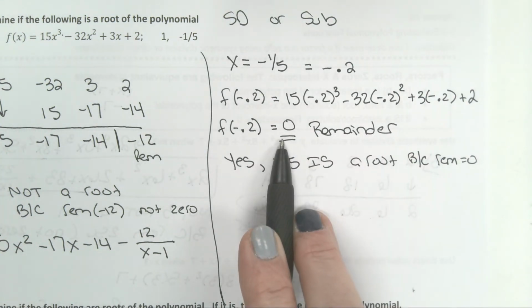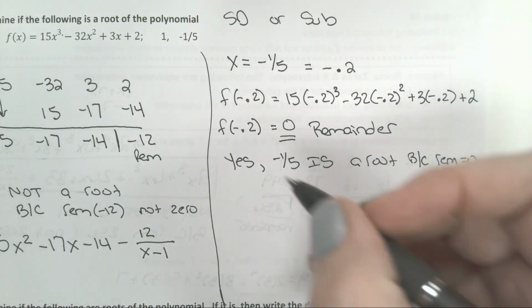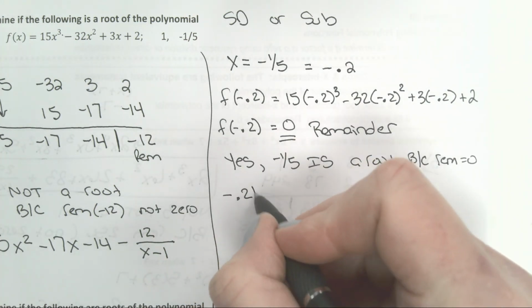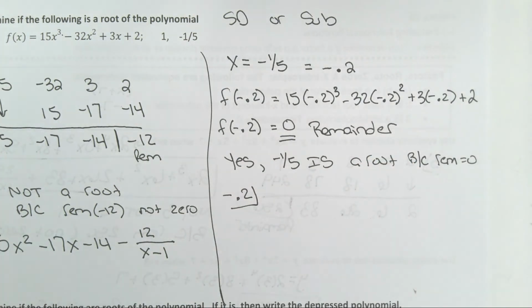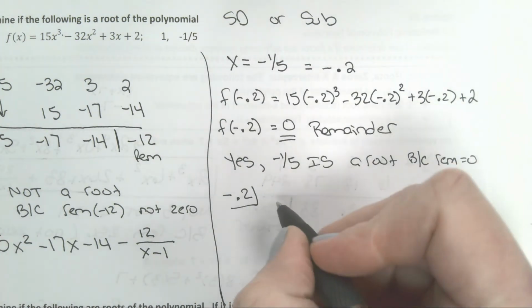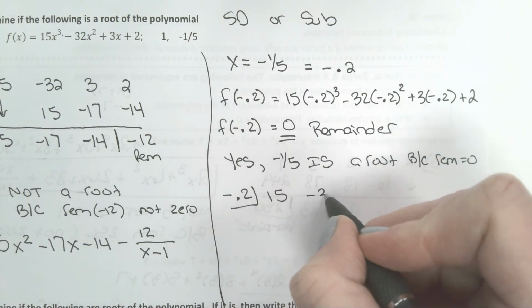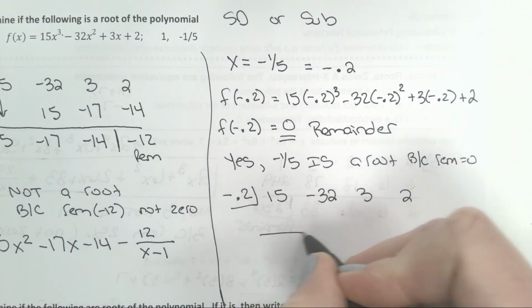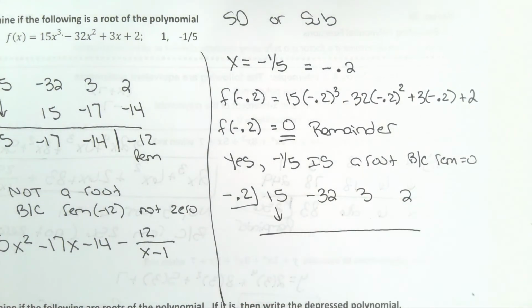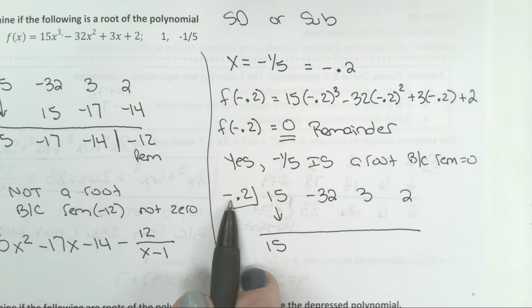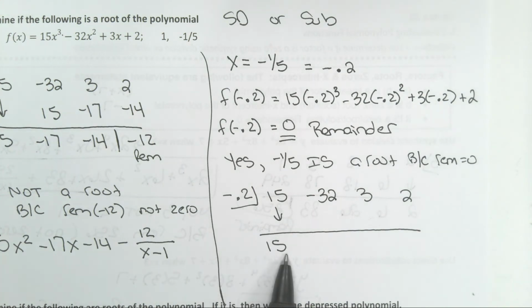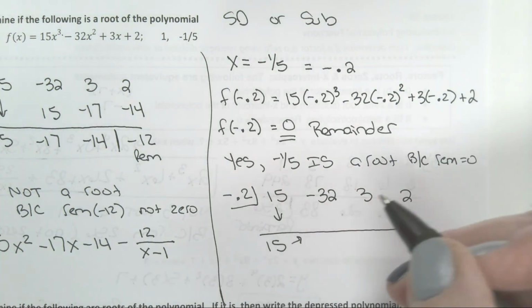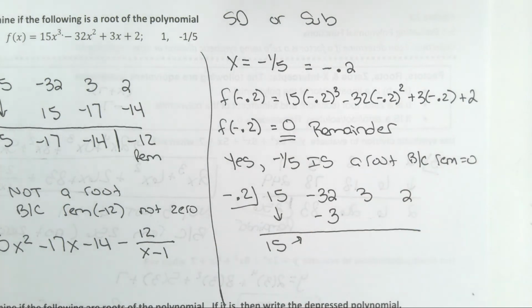So once a number works, then you generally have to do synthetic division anyway. 15, negative 32, 3, 2. You bring your first number down, multiply negative 0.2 times 15 equals negative 3.